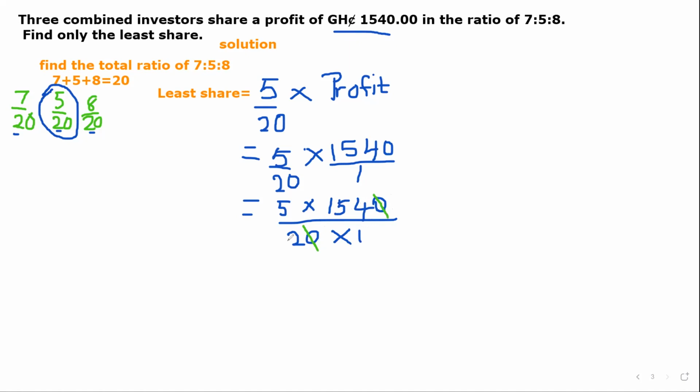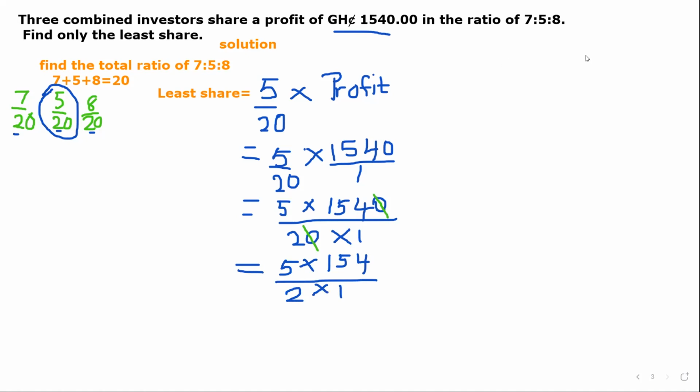Okay, good. Now the remaining numbers, which is 5 times 154 all over 2 times 1.